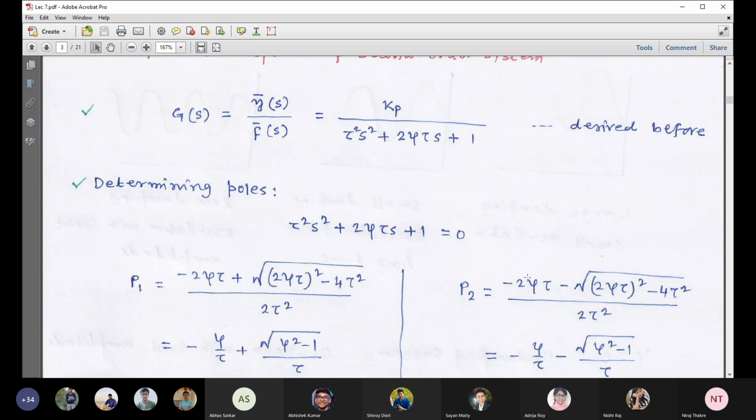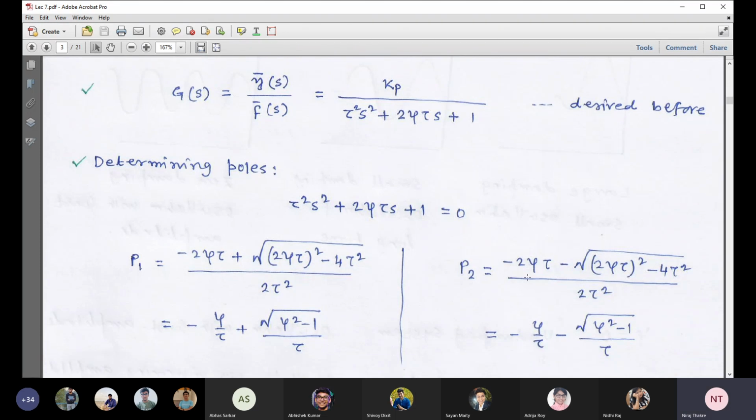Okay, so we can simplify to these two forms. By simplifying, we get these two poles.